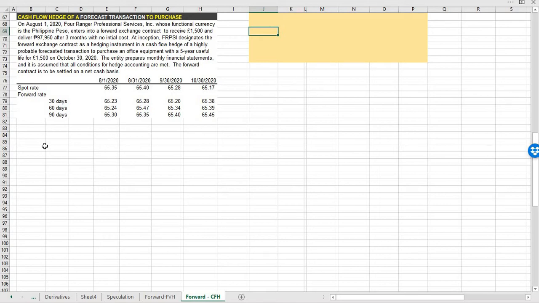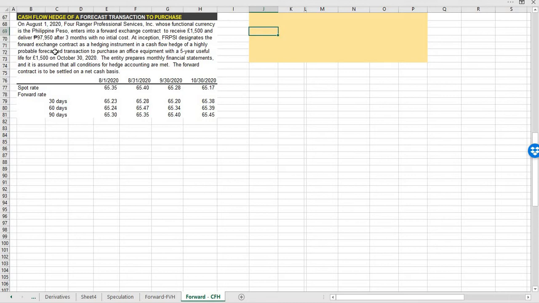Pero dito sa ating hedge item na forecasted transaction, again, during the term of the forward contract, wala tayong journal entry. Ang magiging journal entry lang natin for the hedge item will be on October 30, 2020, which is the date we forecasted a purchase transaction. Kung kailan natin ina-expect na itong office equipment na to ay bibilhin natin at 1,500 British pounds, and that is on October 30, 2020.